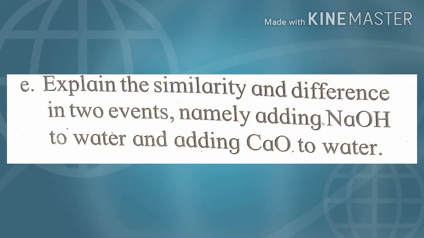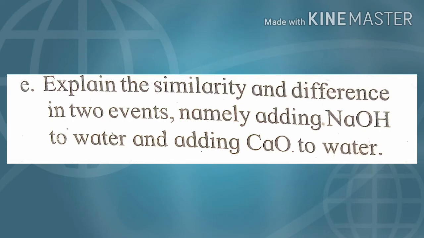Fifth question is explain the similarity and differences in two events, namely adding NaOH to water and adding CaO to water. Answer: NaOH reacts with water to give NaOH plus heat. Similarly, CaO reacts with water to give Ca(OH)2 plus heat.